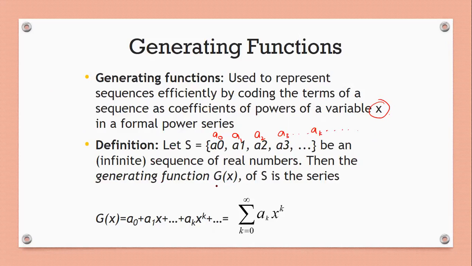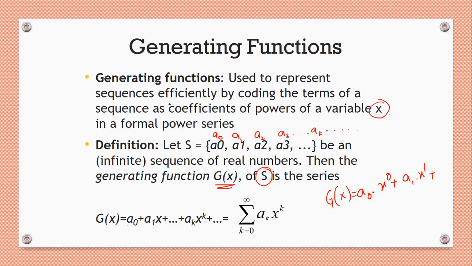Then the generating function of the series f is denoted by capital G of x, and it is written as G(x) = a0 into x power 0 plus a1 into x power 1. Whatever the subscript is, I am taking it as the exponent of x, the power of x.